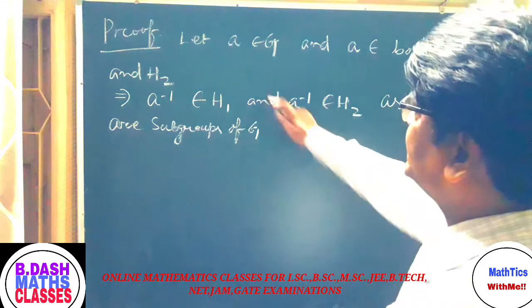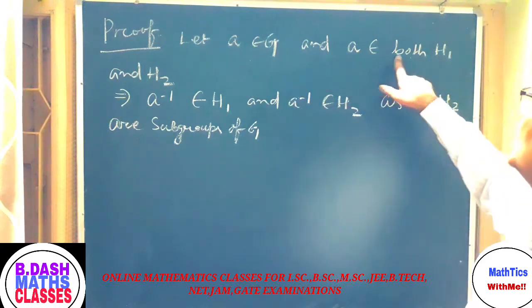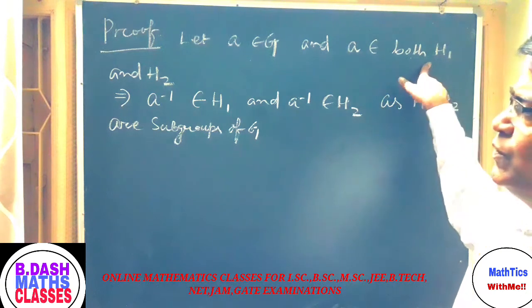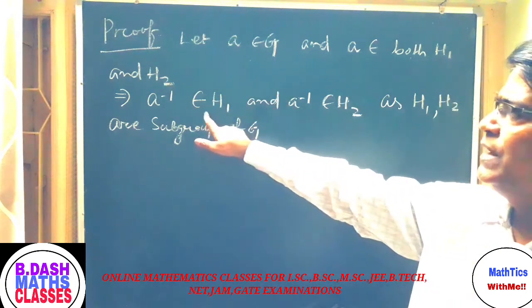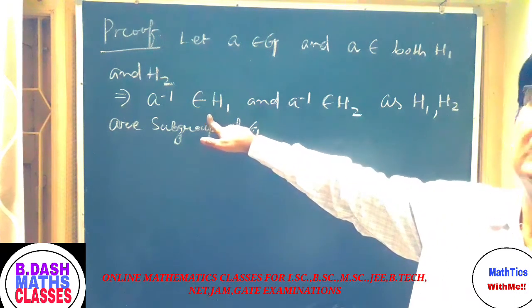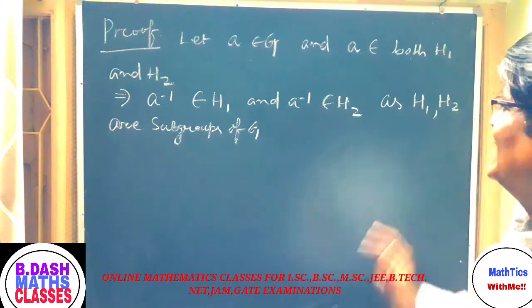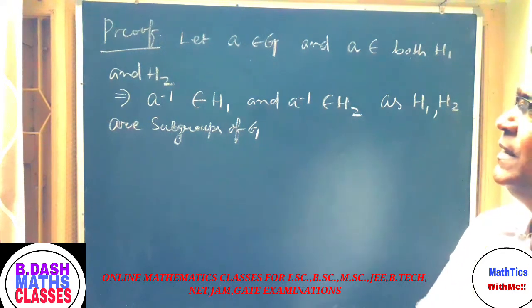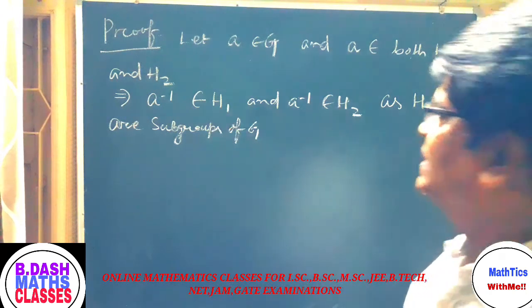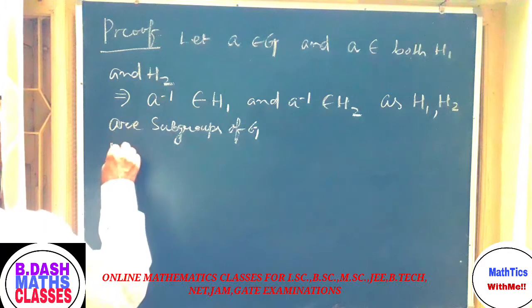From G we are choosing element a, and suppose a is common to both H1 and H2. Now, as a belongs to H1 and H2, a inverse also belongs to H1 and a inverse belongs to H2, because H1 and H2 are subgroups of G, by the inverse axiom.